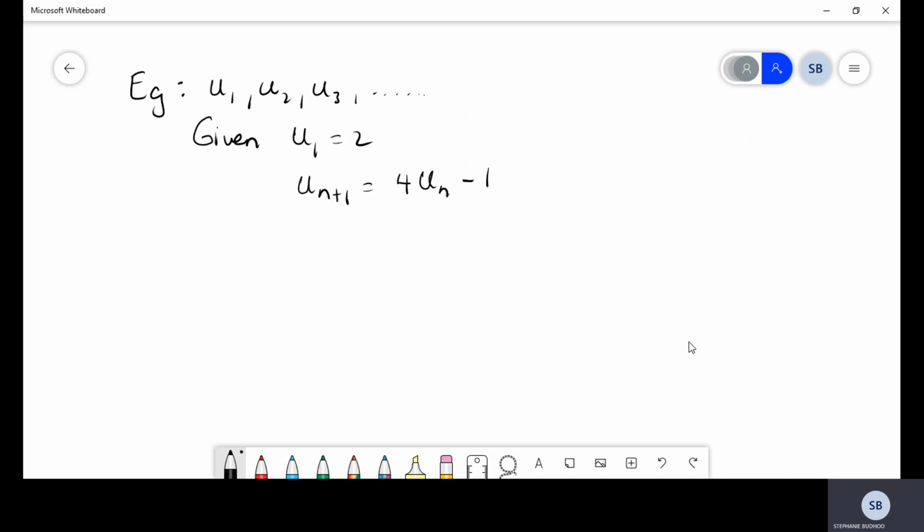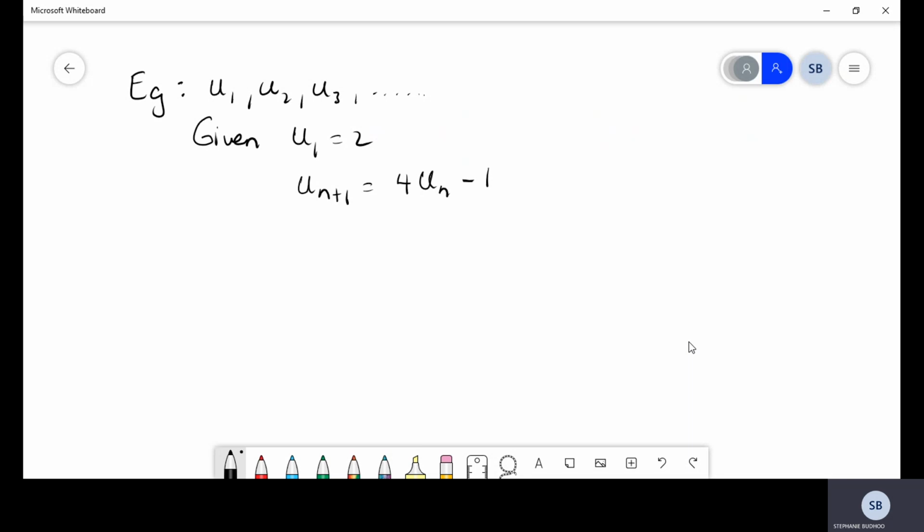So they give us the first term in the sequence, 2. They didn't exactly give us an algorithm for the sequence U n. They gave us the n plus 1 term of the sequence, in terms of what we want to find.